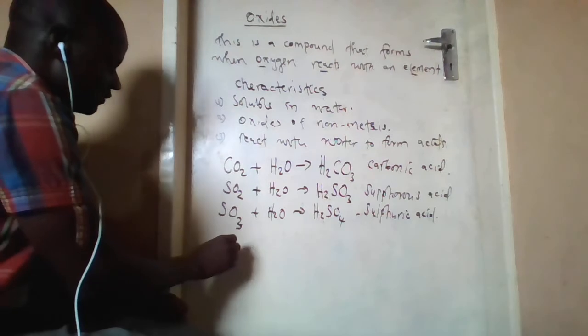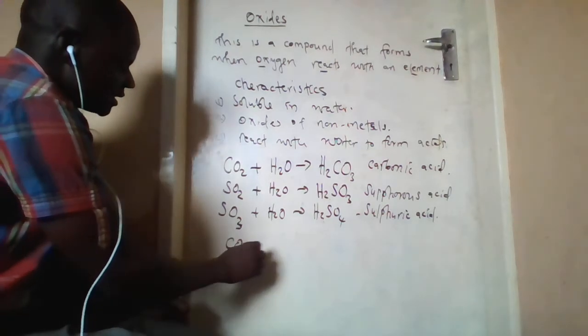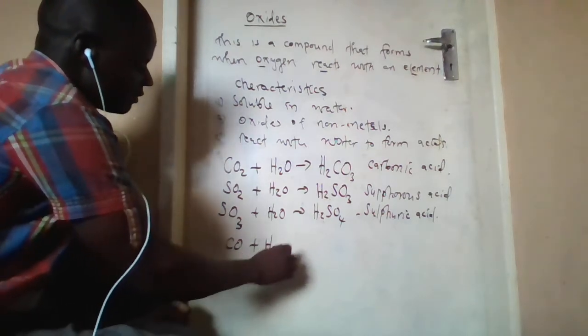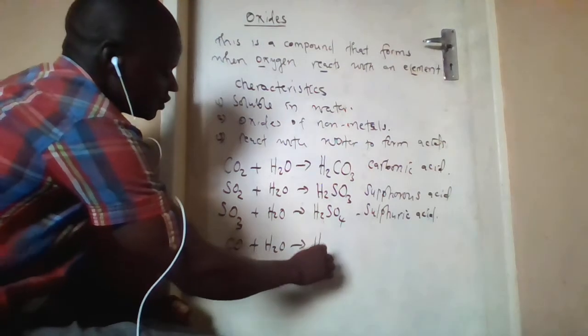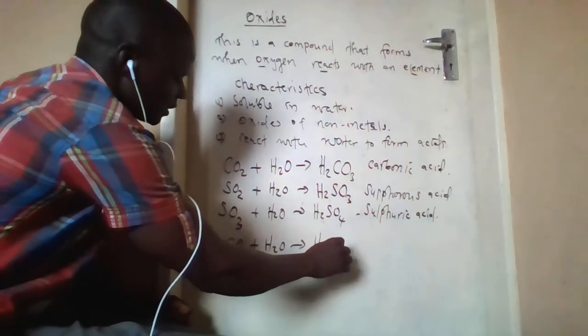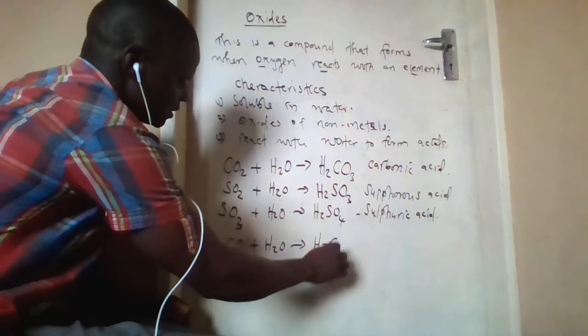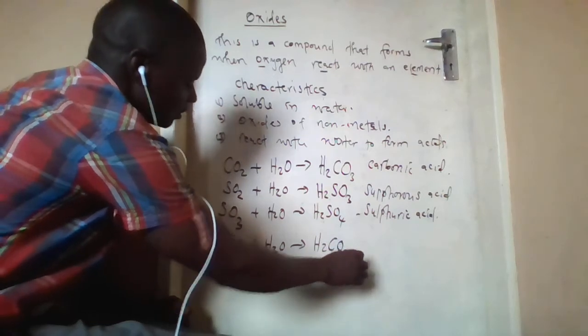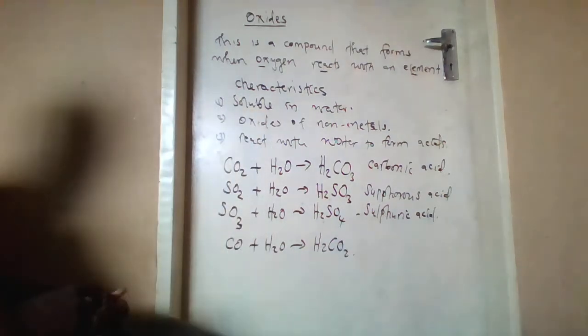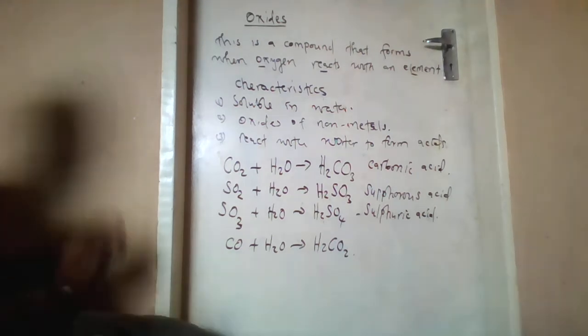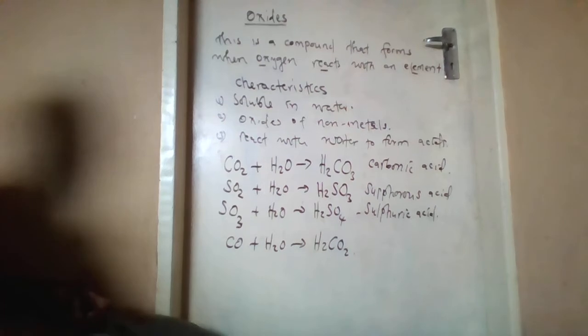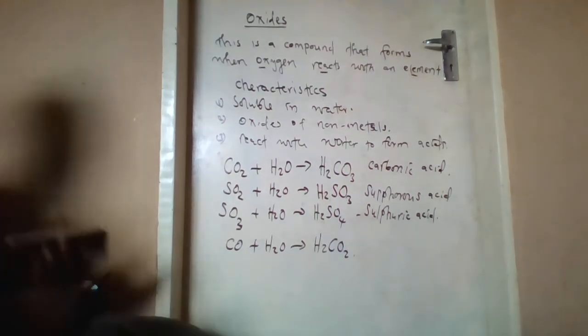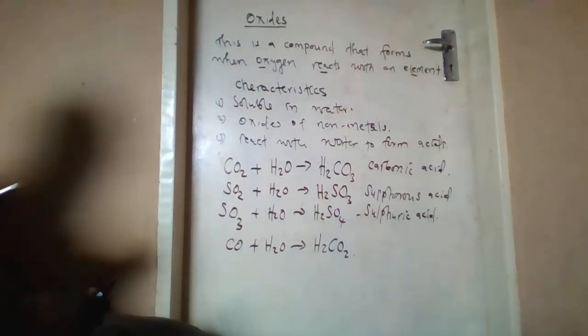Why? Because if you take carbon monoxide plus water, you are going to have H2CO2, and that is not an acid. So because of that, we can say that carbon monoxide is not an acidic oxide.